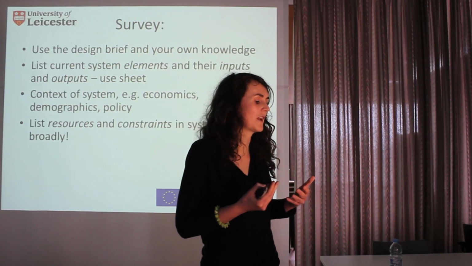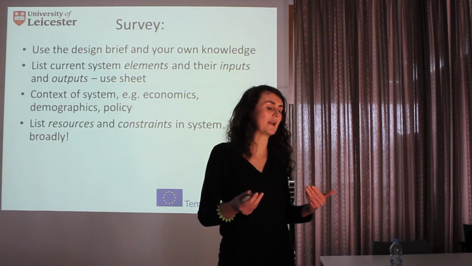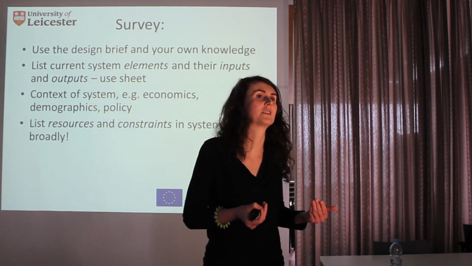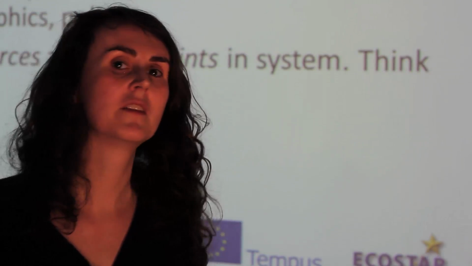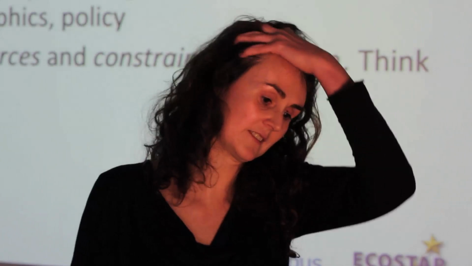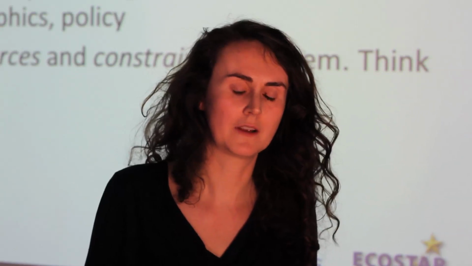Think about what the economic context is, what the demographics are, what the political environment is. These are things we often call invisible structures in permaculture design, and they make an enormous difference to how our design is going to work.